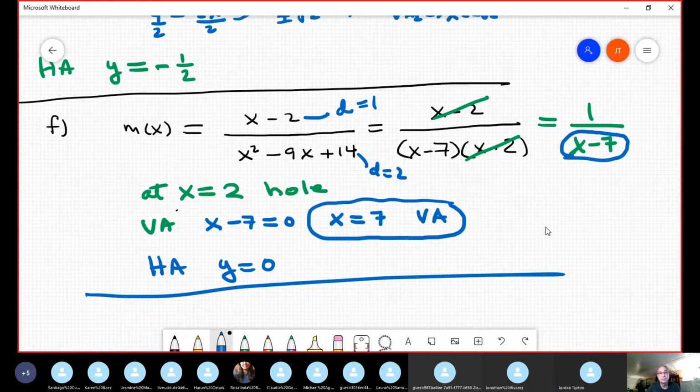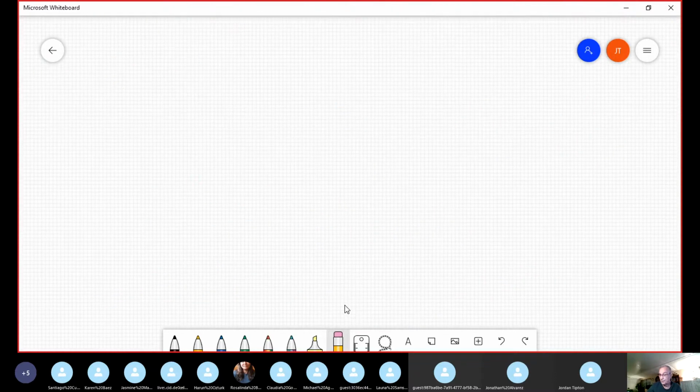Let's move on to number 10. Okay, number 10 question. Number 10 is easy. Number 10 is a quadratic function again. You see that the quadratic function is important in this test.